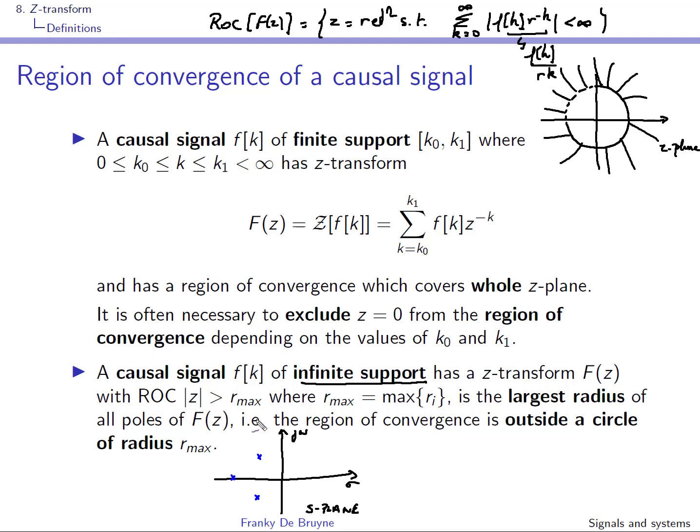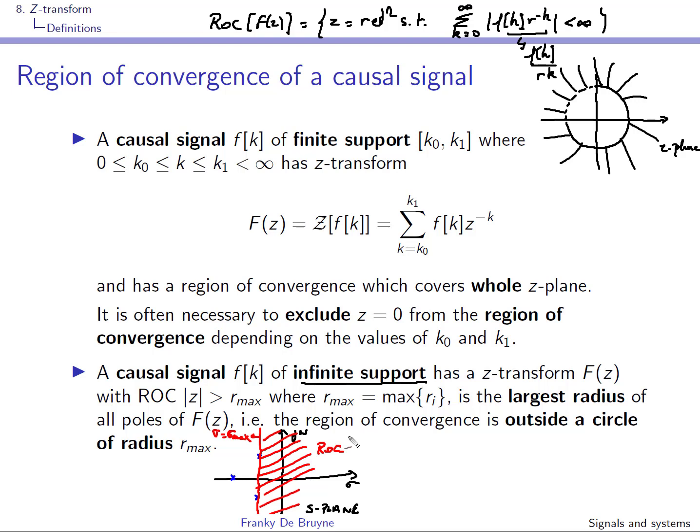We had also seen that the region of convergence was to the right of the pole or poles with maximum real value. So sigma is equal to sigma max, coming from the pole with maximum real part.